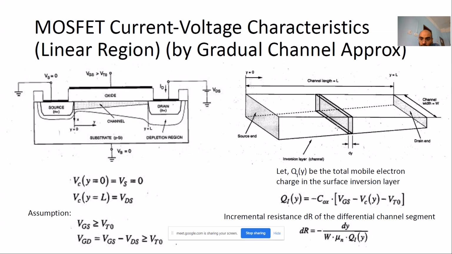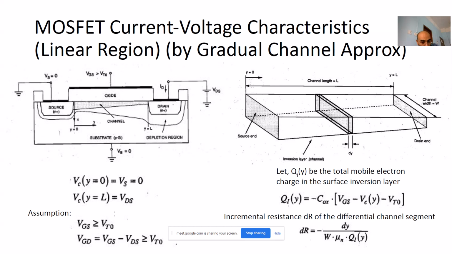Okay, so let's try to see the equations we should write to get this drain current equation. This is what I was telling you, that VC is the channel voltage. The channel voltage is zero near the source side, let's say, and at the drain side it is VDS, whatever voltage you have applied.